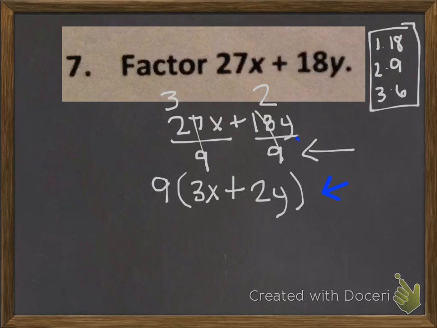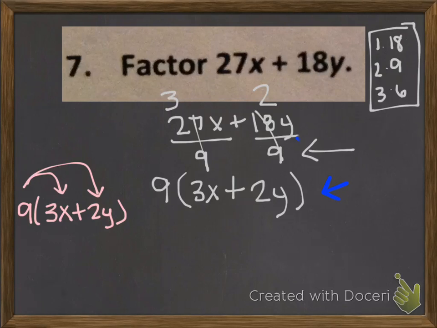So the expression we found, 3x plus 2y, is in parentheses. The 9 is outside of parentheses. And let me show you why we just did that. So if I solve this, 9 parentheses 3x plus 2y, and I use the distributive property, and I distribute this 9 to both terms.